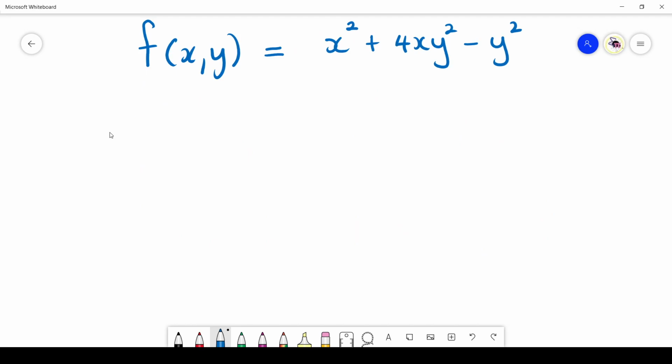Okay, so you guys just learned that some of the things you can find when it comes to partial differentiation is that you can find delta f with respect to delta x, and that has a notation.